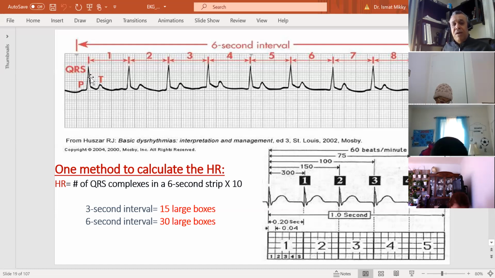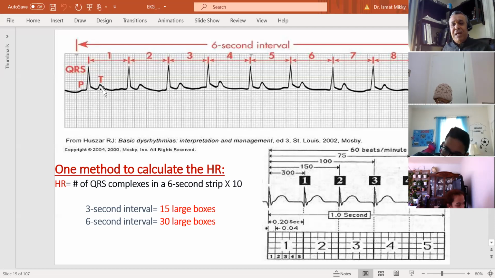So every QRS should be preceded with a P wave, nicely deflected, all the same shape. So rhythm is regular means that from P wave to P wave should be consistent across the board, for a 10 feet, 100 feet EKG strip, how long that EKG strip is doesn't matter.